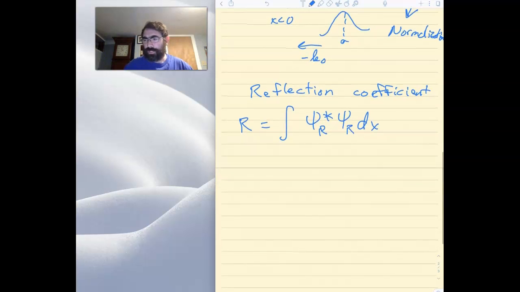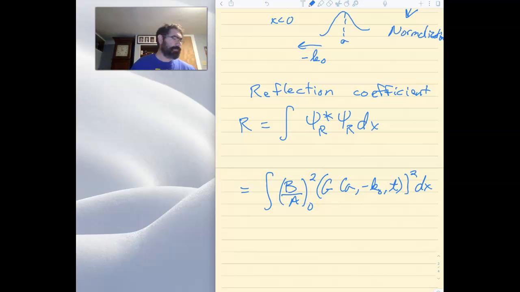So we can put this in, we can integrate, and we get B over A naught quantity squared times g of a minus k0 t squared dx. We integrate from minus infinity to infinity.